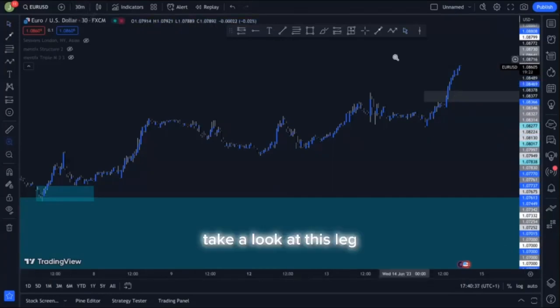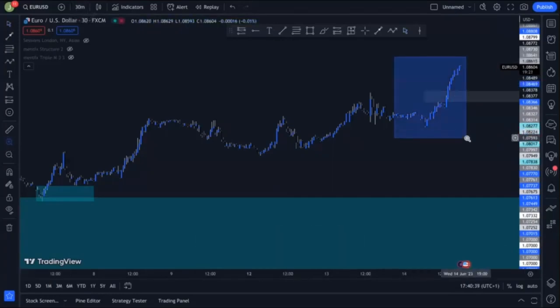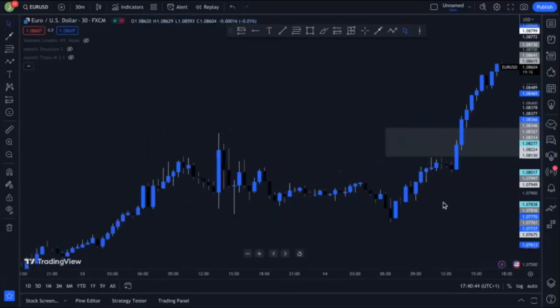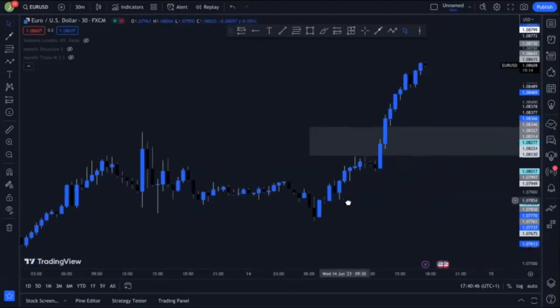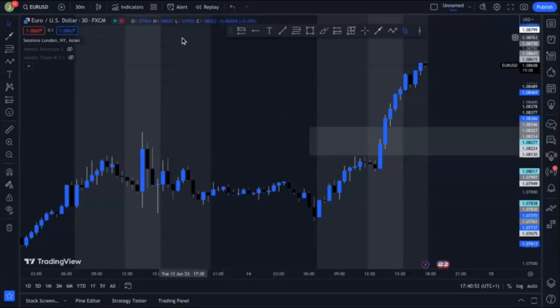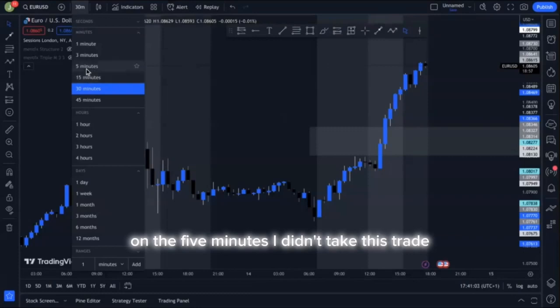Take a look at this leg. Yeah, so this was New York session. New York opened today, and on the 5 minutes, I didn't take this trade though.